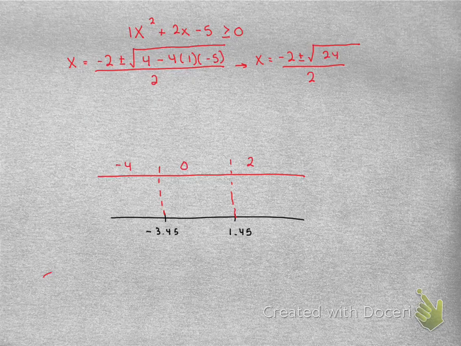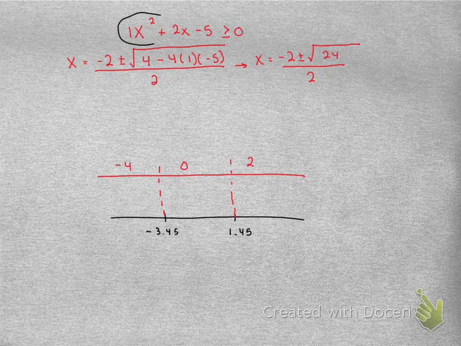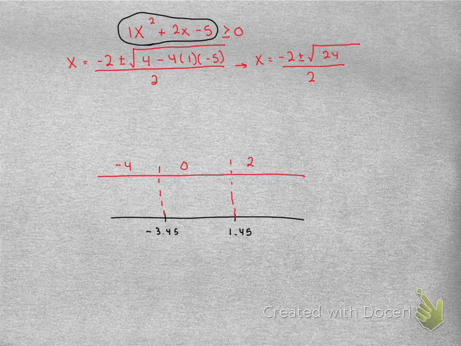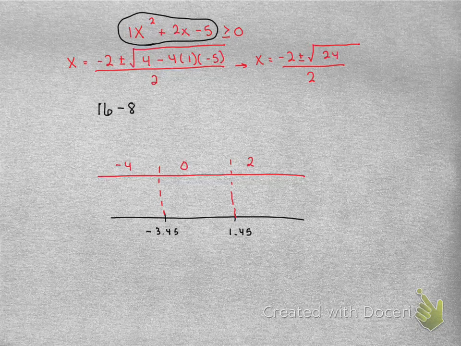Because we did not factor this one completely, we are going to plug the test numbers that we've chosen into our quadratic right here. So if you put a negative 4 in there, negative 4 squared is 16, 2 times negative 4 is negative 8, minus 5. So 16 minus 8 is 8, minus 5 is 3, and that is positive.